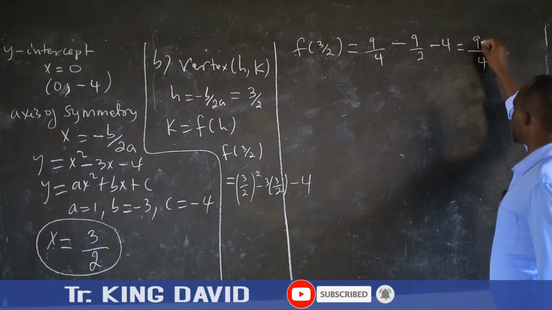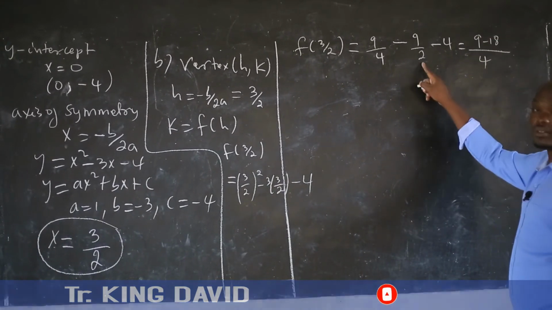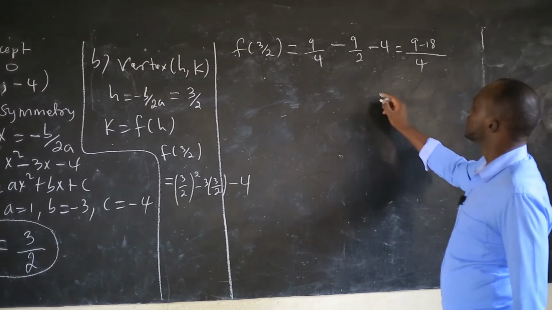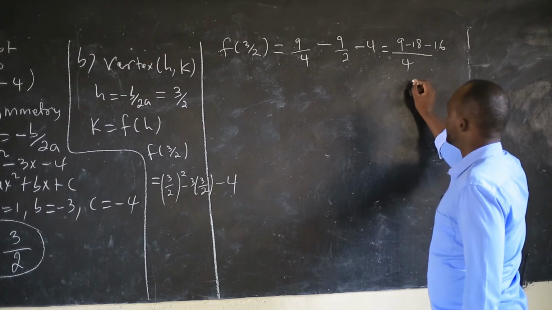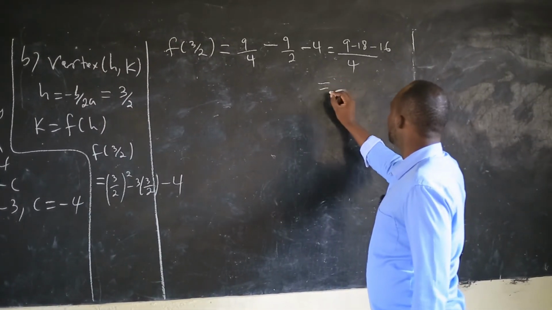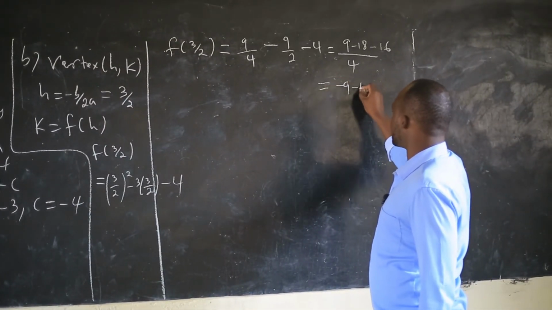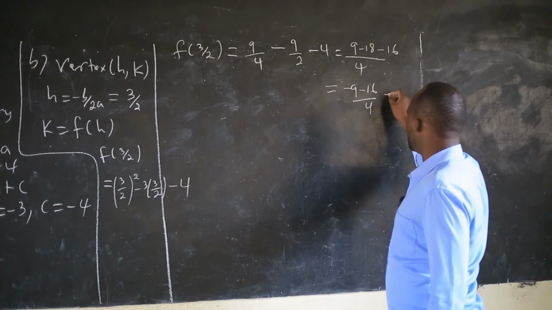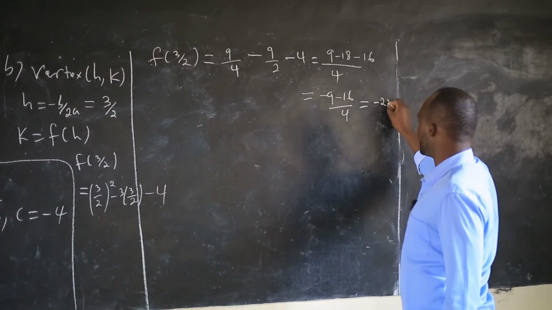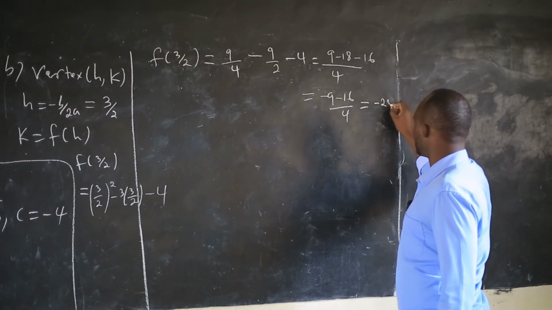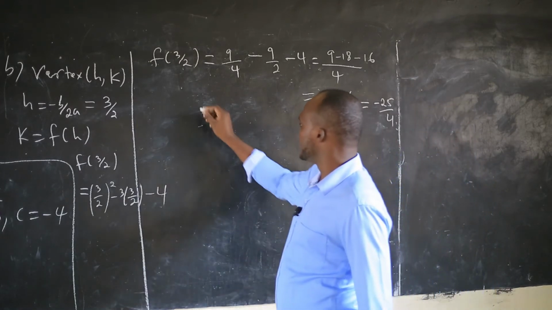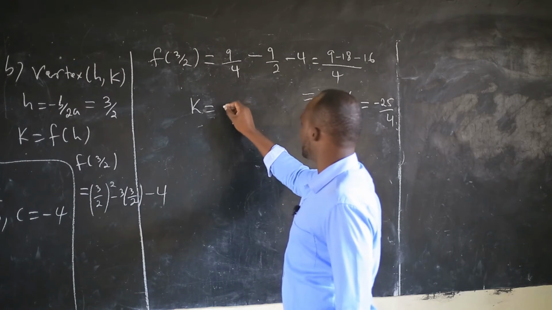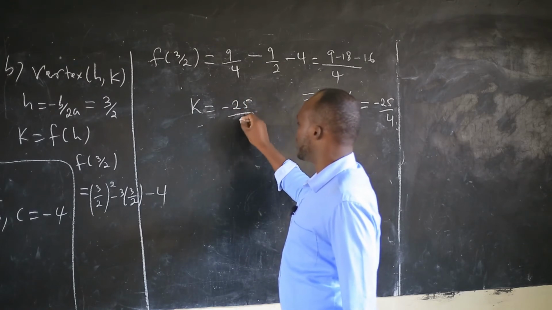That is 9 minus 18, because 9 divided by 2 is... 2 times 9 is 18, minus 16. So we get negative 9 minus 16 over 4. You get negative 25 divided by 4. So our k equals negative 25 over 4.